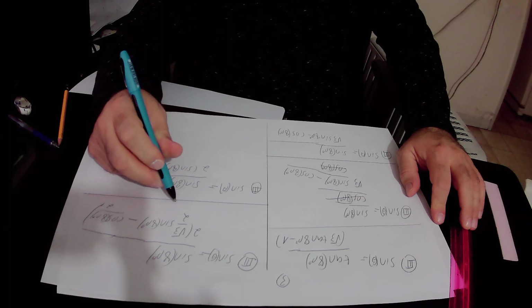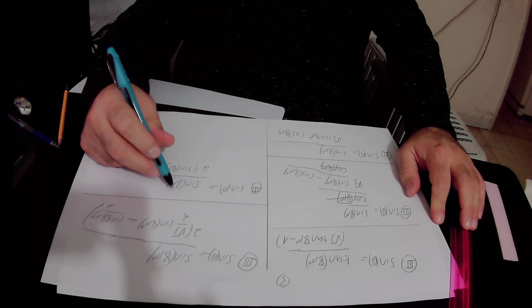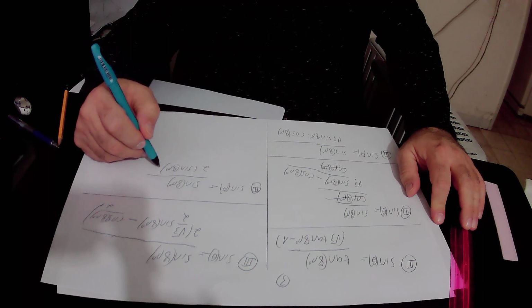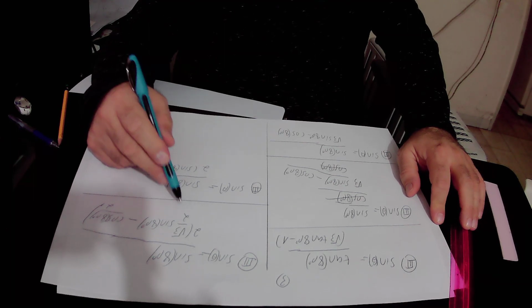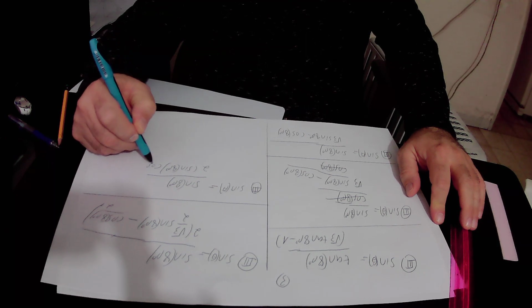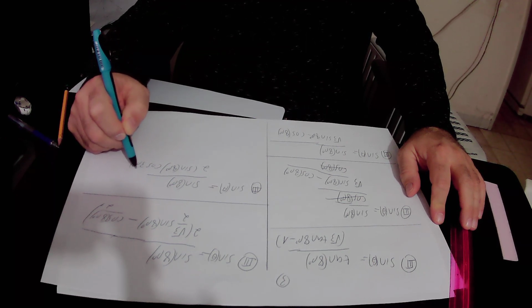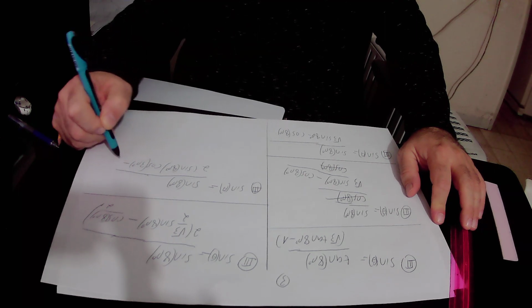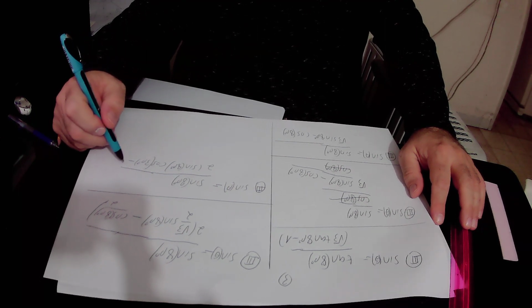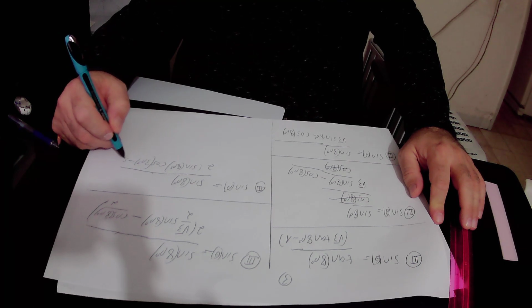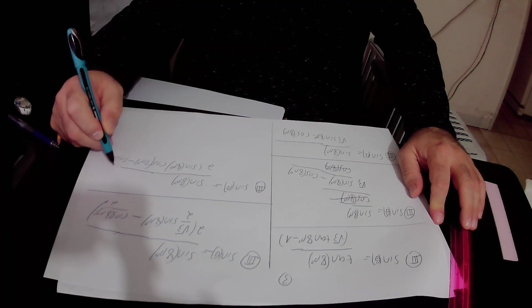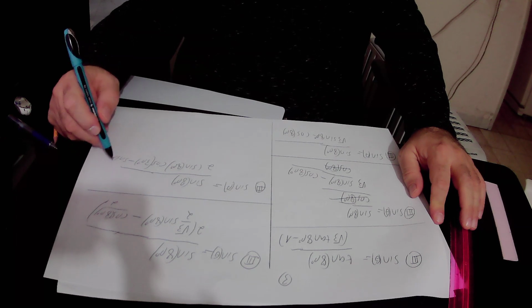And we know that square root of 3 over 2 is cosine 30 degrees, so we'll substitute square root of 3 over 2 by cosine 30 degrees, minus cosine, here 1 over 2 is sine 30 degrees, so we'll substitute 1 over 2 by sine 30 degrees, and it is times cosine 80 degrees.